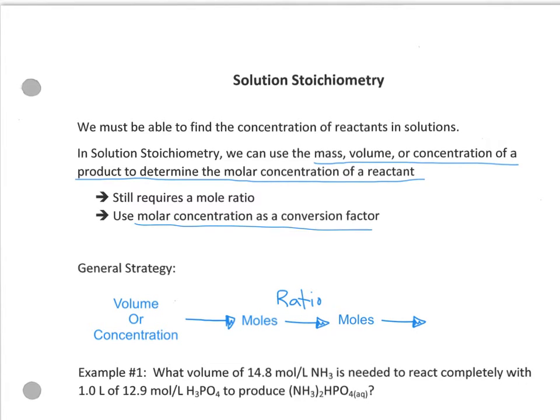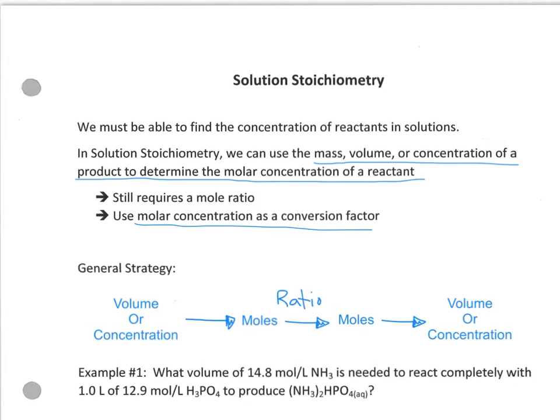And then we take that number of moles and use it to calculate the volume or concentration of what we're looking for. So our general strategy for solution stoichiometry is we start with volume or concentration, calculate moles using one of these, use a ratio to get the other amount of moles, and then use volume or concentration to get the opposite, or what we're looking for.